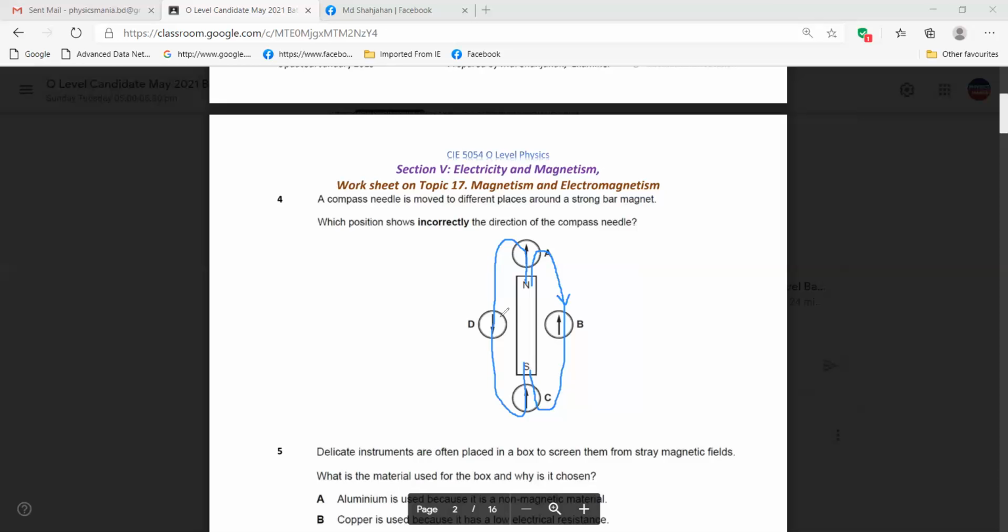Compass needle always will align with field lines. Is it clear now? Yes, sir.